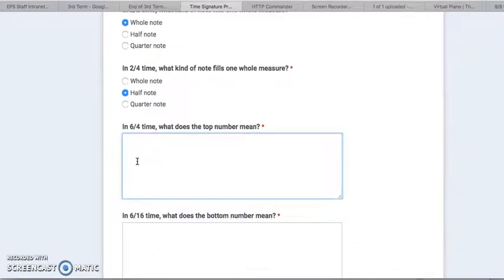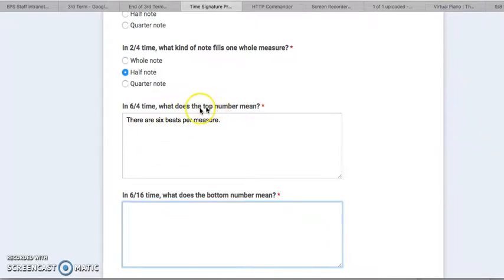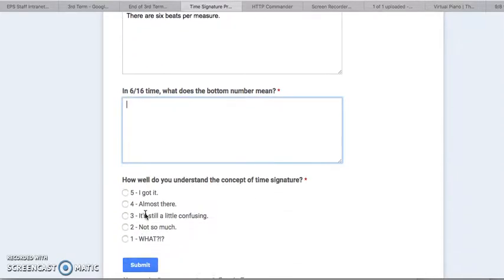In 6/4 time, what does the top number mean? Remember, always start with there are 6 beats per measure. That's the answer. It doesn't ask what the bottom number means, but if it did, it would be that the quarter note receives 1 beat. In 6/16 time, I think this is one of the last questions.